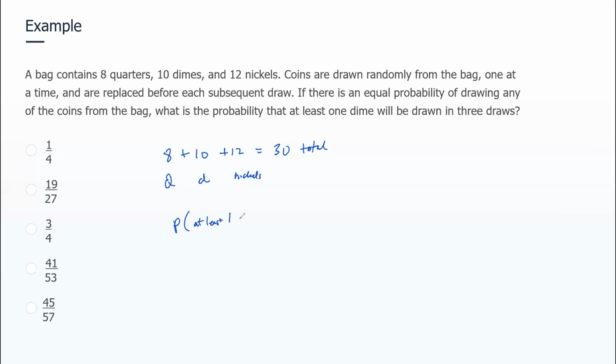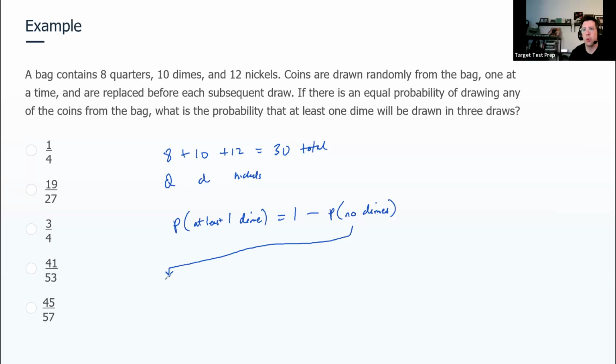So for the first draw, the probability of not getting a dime would be 20 over 30, because that's the number of quarters and nickels over the total number of coins.